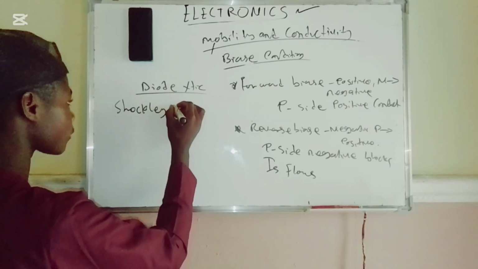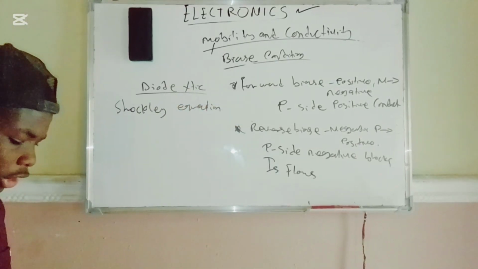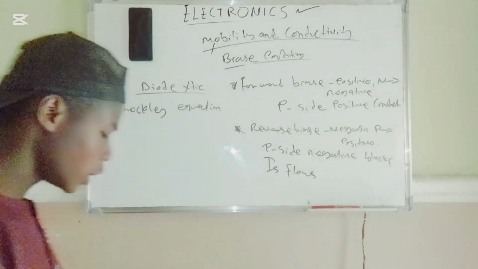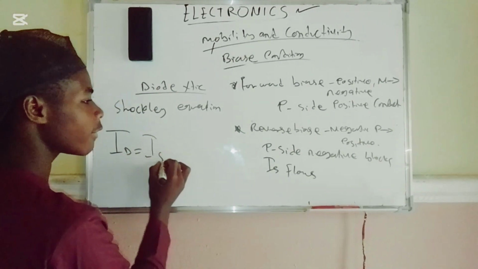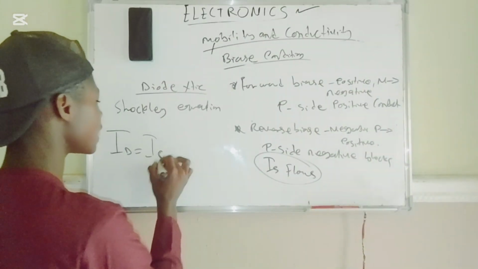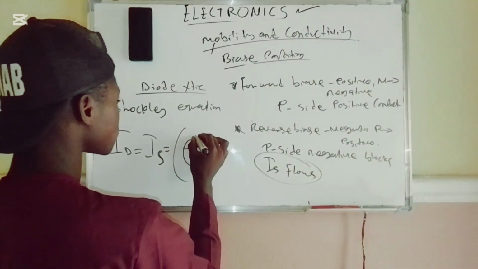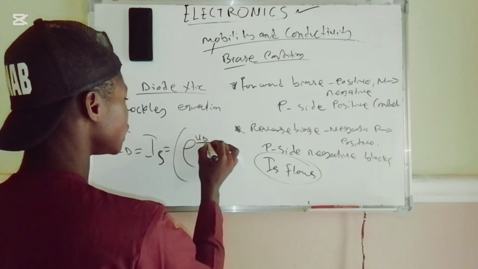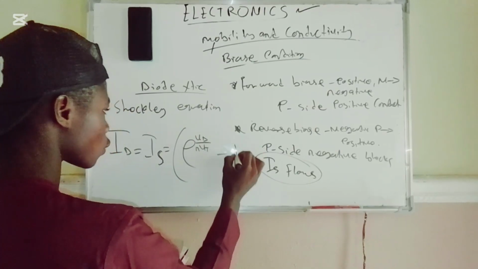So what is the Shockley equation? It says that the direct current is equal to the reverse bias current IS, multiplied by the exponential of VD divided by N times the terminal voltage, minus 1.